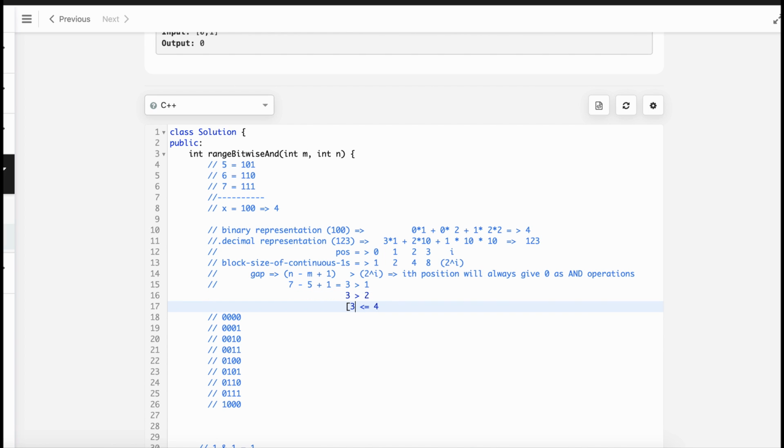So there is a probability that this position may give 1 as the AND operation result.